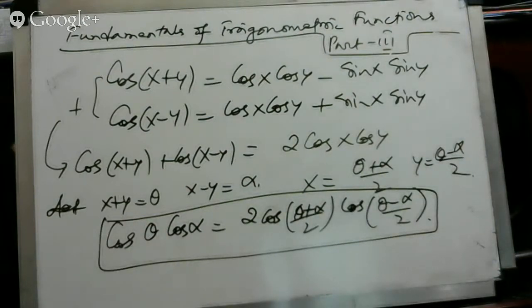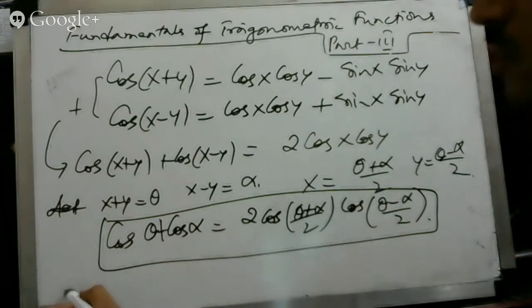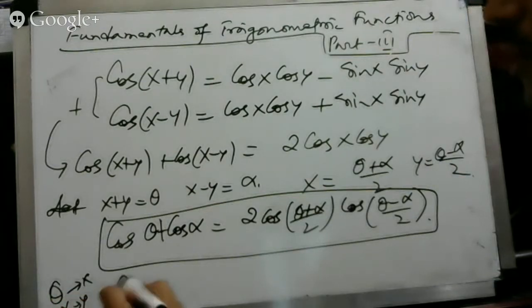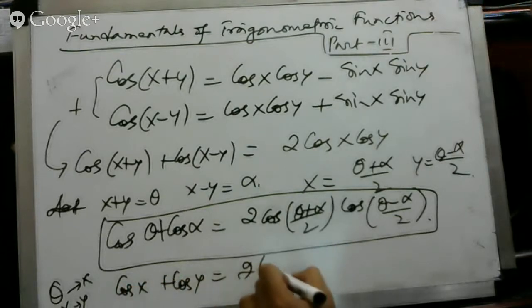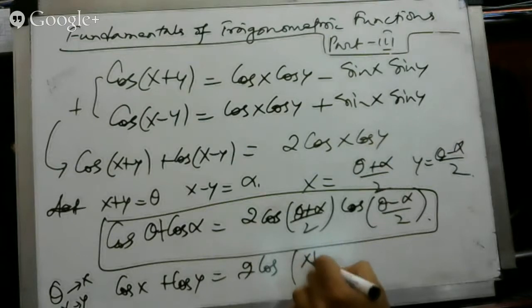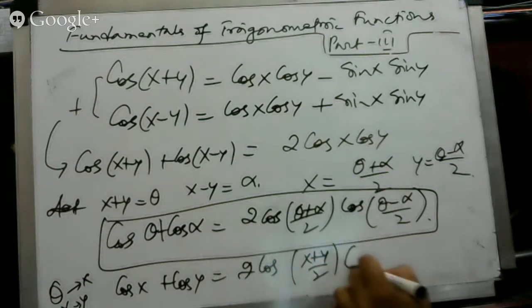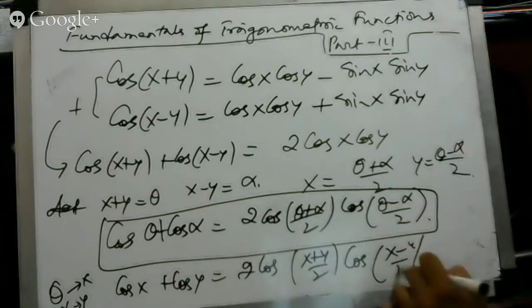So if we replace theta with x and alpha with y, it becomes cos x plus cos y is equal to 2 cos of (x plus y) divided by 2, cos of (x minus y) divided by 2.